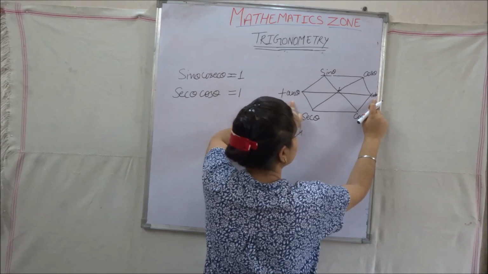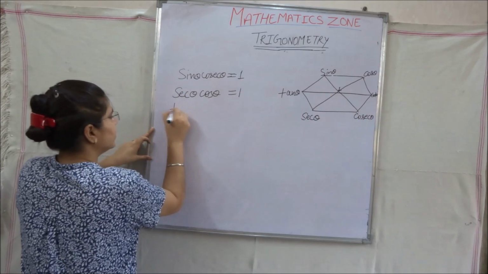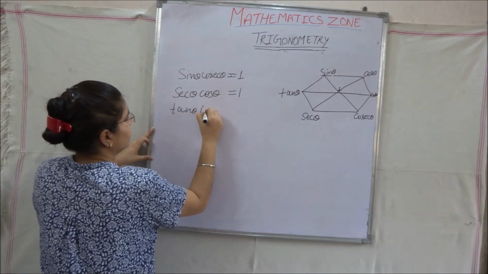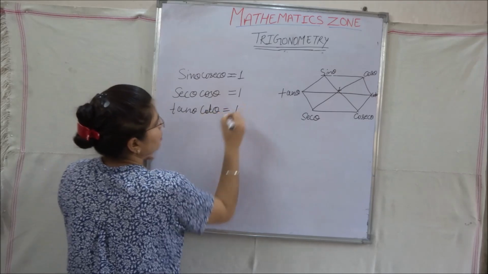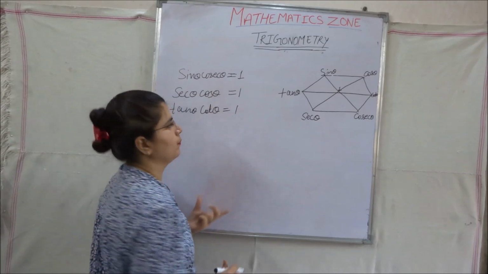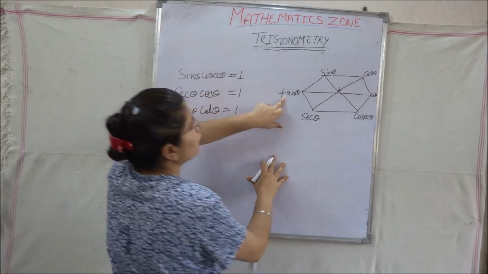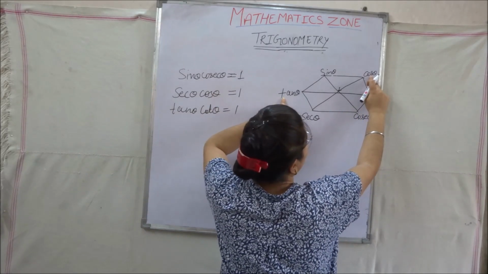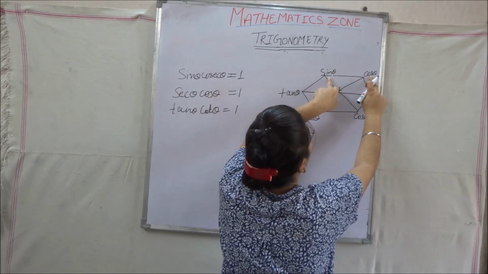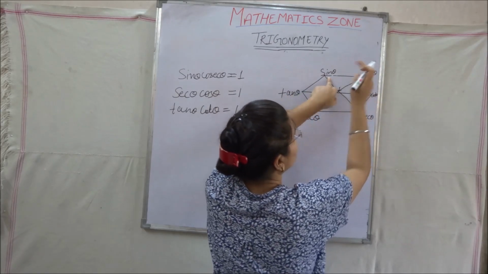And tan theta multiplied by cot theta will also be equal to 1. Now, if we multiply these two, then our answer will be equal to this.